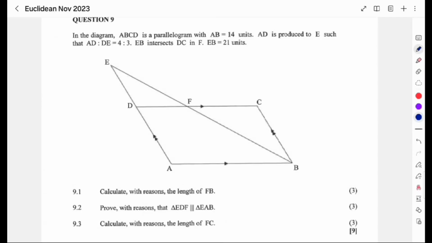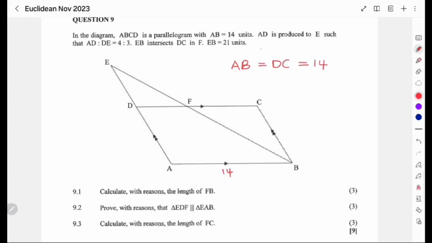AB is 14, and because the opposite sides are equal, that means that AB is equal to DC is equal to 14.